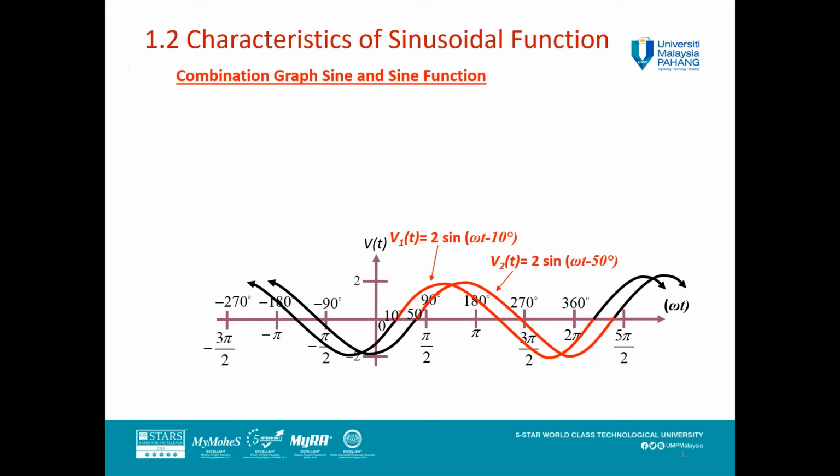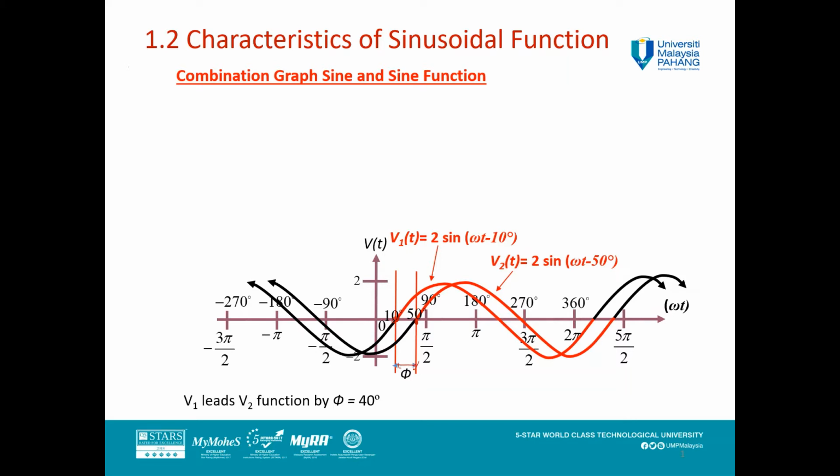You can get it from the zero crossing or from peak to peak. Here I take the zero crossing, that means where V1 cuts the zero, and where V2 cuts the zero. The phase difference between these two waveforms we call phi.